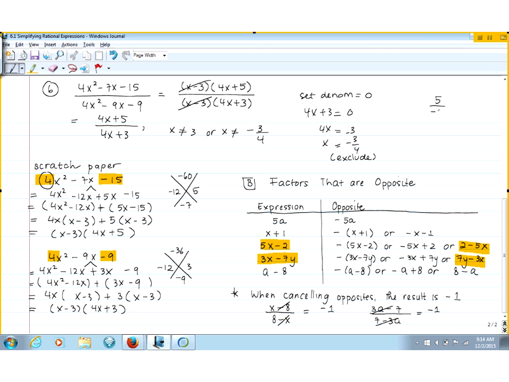It's like if you have 5 divided by -5, look at these, they're opposite. So this is -1, right? Or if you have -7 divided by 7, what will this be? -1. Why? Because they're opposite. Same thing. If you have x plus 1 divided by negative of x plus 1, what's your answer? -1.